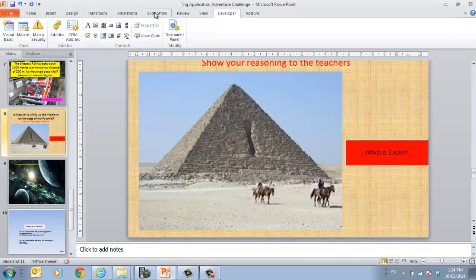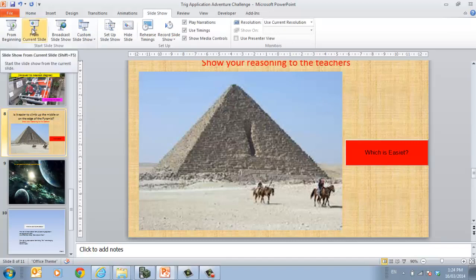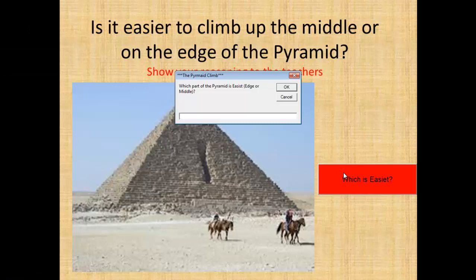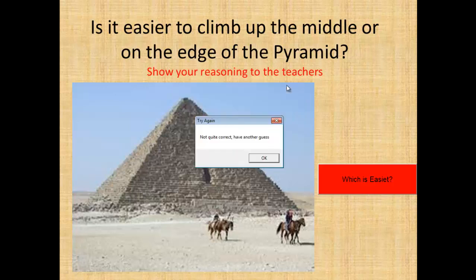What I need to do is run my slideshow from there. Okay, so if I do it from the current, and I click on that thing over here, see it prompts me with information. So the pyramid climb, which part of the pyramid is the easiest, edge or the middle? So if I type in the middle, and OK, it says not quite correct, have another guess. Okay, try again.